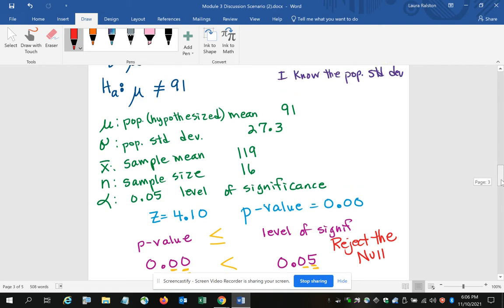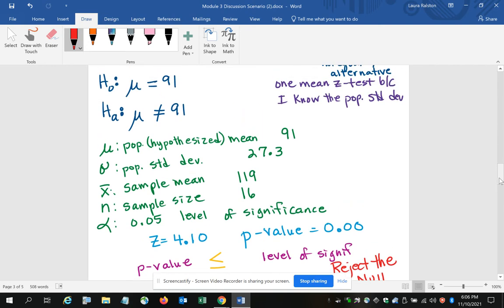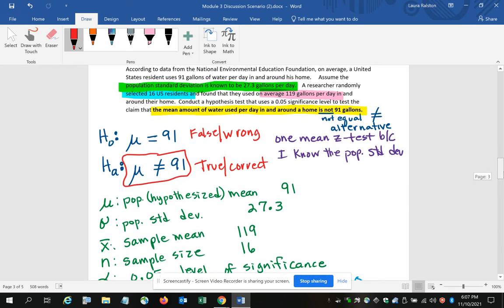Now, again, thinking about what that means, if I reject the null, that means the null is false or wrong, and the alternative is true or correct. And so when I write my final conclusion, I have to write it in terms of that alternative hypothesis.